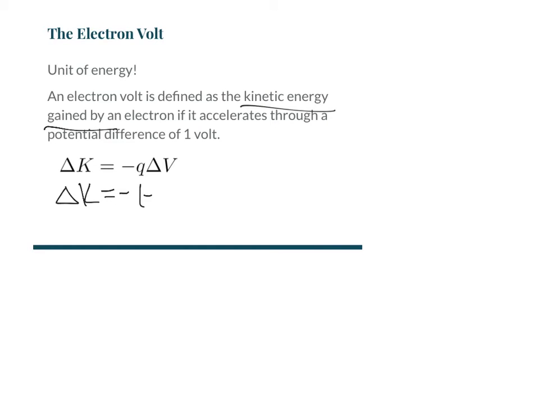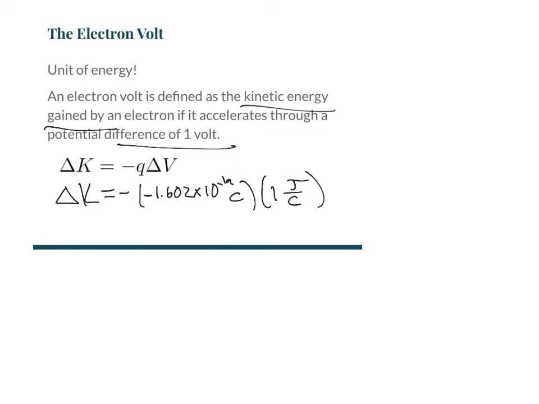Remember, we can use it when working with potential difference. So negative times negative 1.602 times 10 to the negative 19 coulombs times a potential difference of 1 volt, which is 1 volt. 1 volt is joules per coulomb.